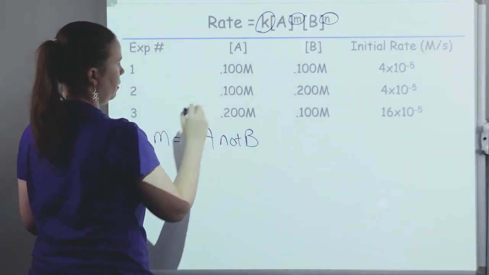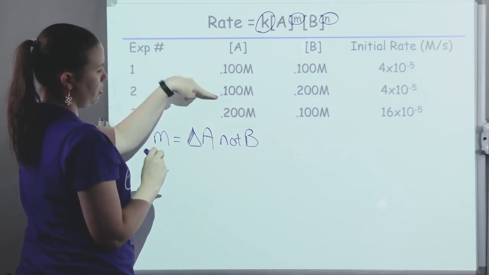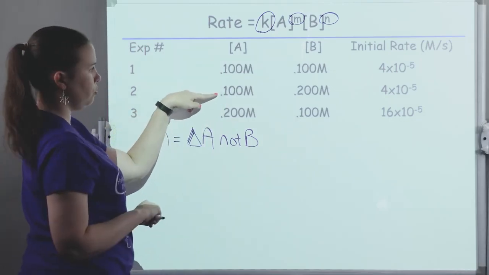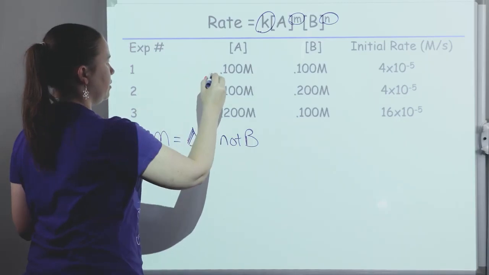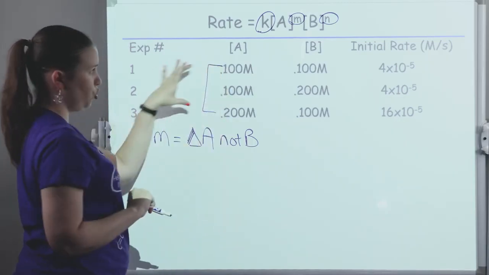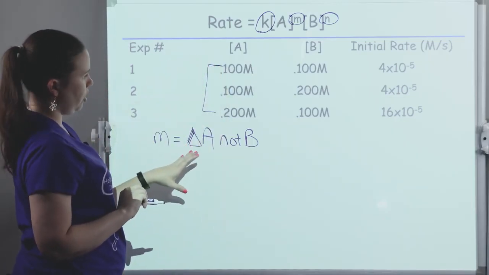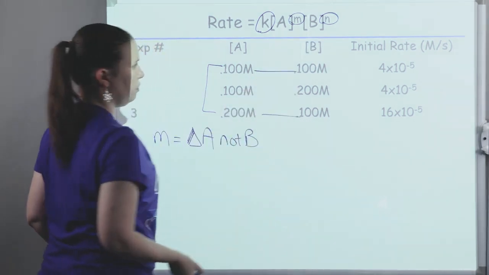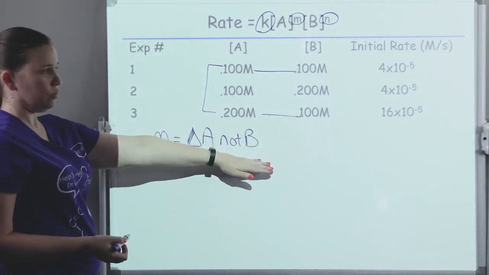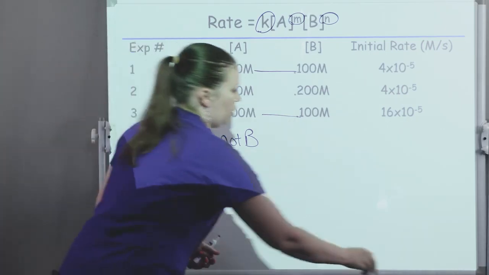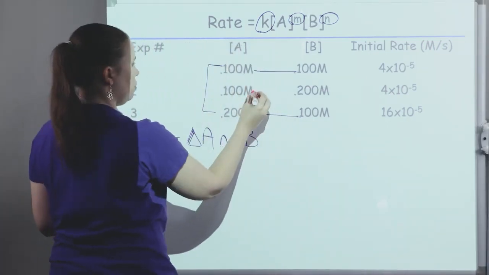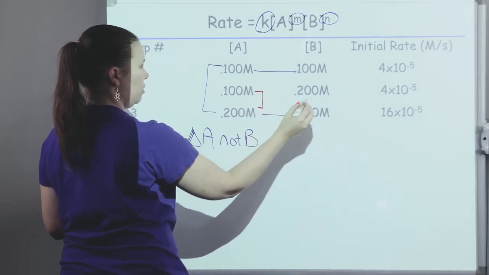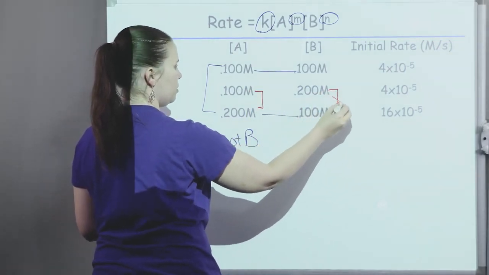So if I look at A, experiment 1 and 2 doesn't change A, so that would not be a good choice. I can see 1 and 3 do change A, and I can see 1 and 3 have a constant for B. You also see a change between 2 and 3, but notice how B is not constant.